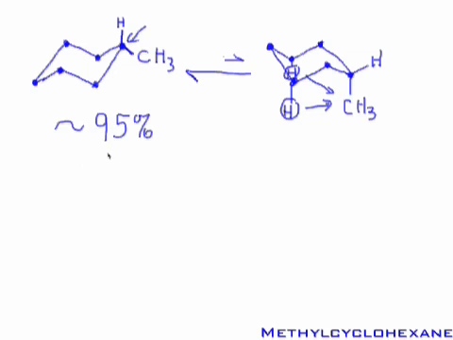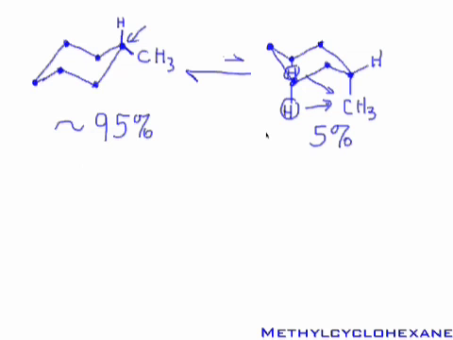At any given time, if you froze the solution out, you would find only 5% with the methyl axial. So the repulsive energy difference is not great enough to make it exclusively 100%, but the force of interaction is greatly significant.